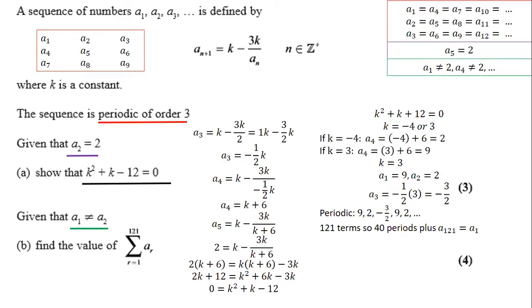So the 121st term is just the first term, which was just 9. So I'm going to do 40 lots of the first 3 numbers added together, so that gives me the sum of the first period. Then I'm going to add that 9 onto the end, and I get 389. So can you have a go at trying some of those questions yourself?